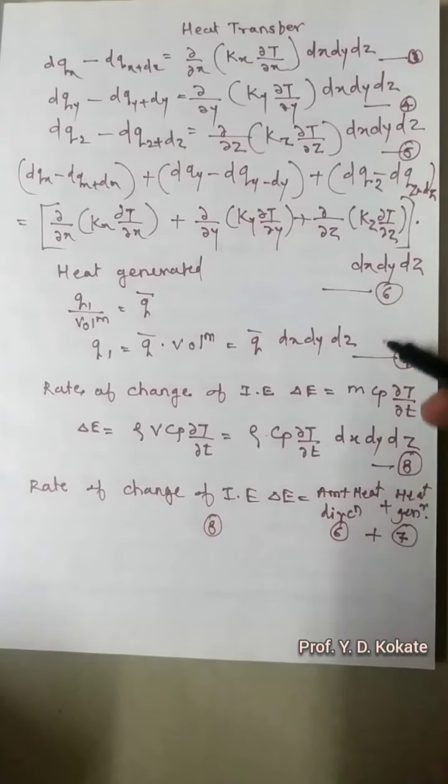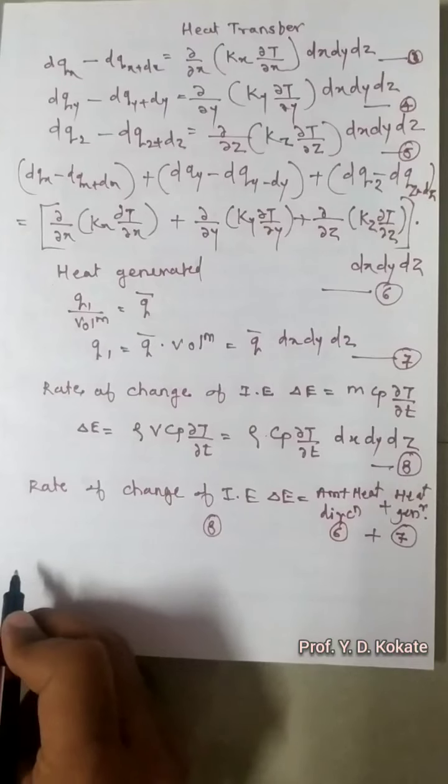Now here dx dy dz, here dx dy dz, and here dx dy dz, so it will get cancelled. So I will get the equation like this.